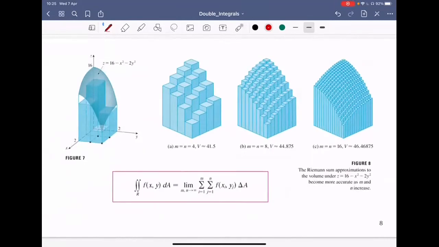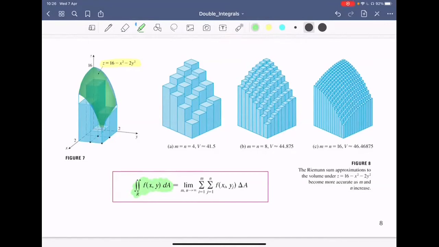So let's see. For example, you have z equal to 16 minus x squared minus 2y squared here. So basically you get the surface here that I highlight in green. The idea is if you want to find the integral of f, you're going to need to compute the volume under this surface from a to b and from c to d.